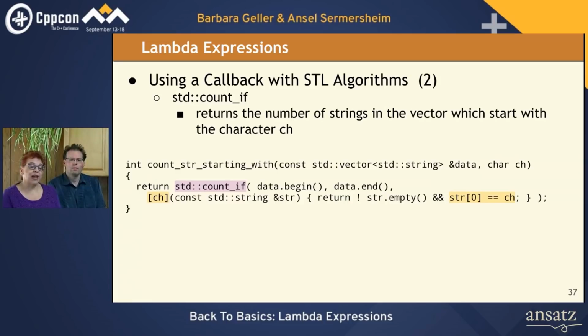Writing this callback as a free function doesn't work. There's no place to store the value for CH. So here's a place where a Lambda expression allows us to do something which is impossible with a function pointer because there's nowhere to put the data, and messy with a function object. You would need to write a lot more boilerplate to do this if you wanted to do it manually.